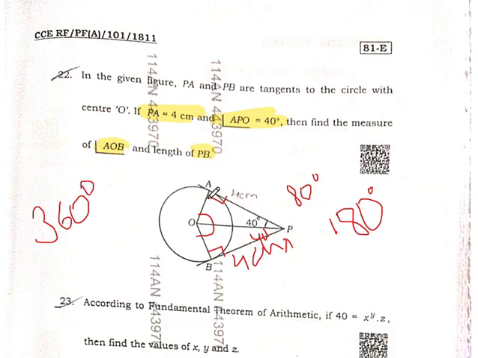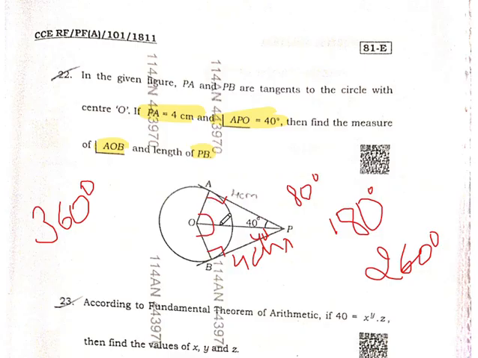So here we got 90 plus 90, 180, and this is 80. If you add these three angles, you'll get 180 plus 80, that is 260. 260 you'll get.